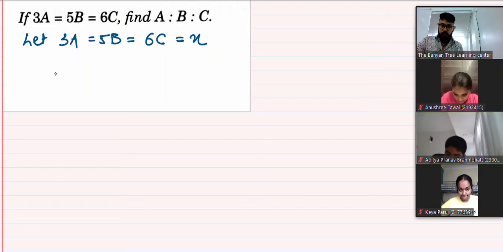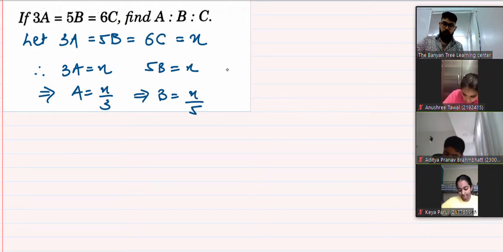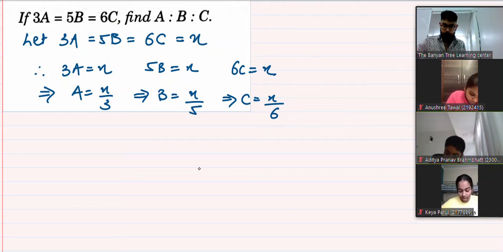Okay, so therefore 3a is equal to x, that means a is equal to x by 3. 5b is equal to x, that means b is equal to x by 5, and 6c is equal to x, that means c is equal to x by 6.